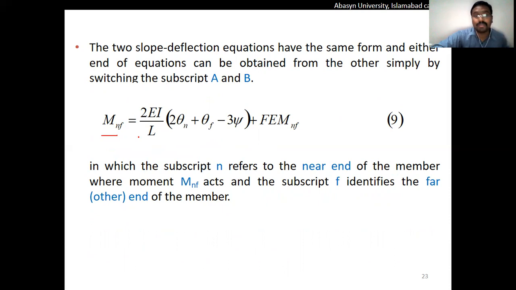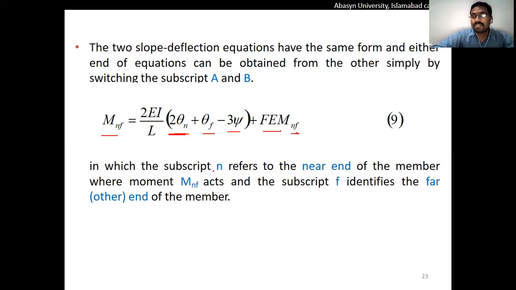So it becomes 2EI over L times (2 times theta n, the rotation at the near end, plus 1 time the rotation at the far end, minus 3 times psi, which is delta by L) plus the fixed end moment, the moment at the near end due to the loading on the member.